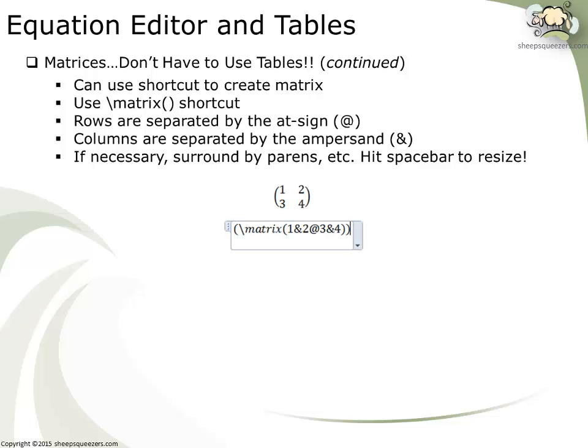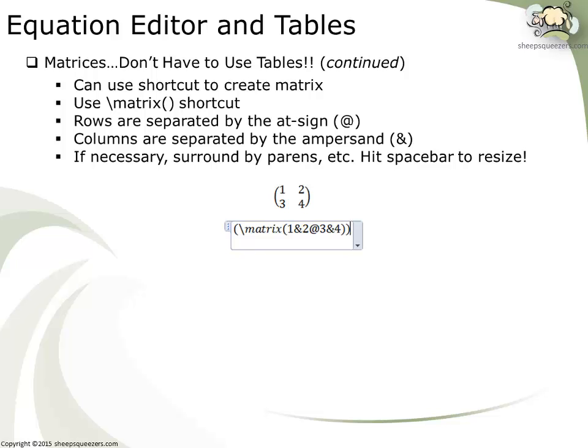So for example, if you want to create the 2x2 matrix 1, 2, 3, 4, the way you do it is, since my matrix is surrounded by parentheses, I start off with a left paren, and that corresponds to the left paren to the left of the matrix. I then type in \matrix left paren, and then I start filling in the values. The first value at 1, 1 is the number 1. I follow with an ampersand. Then the value at 1, 2 is the number 2.